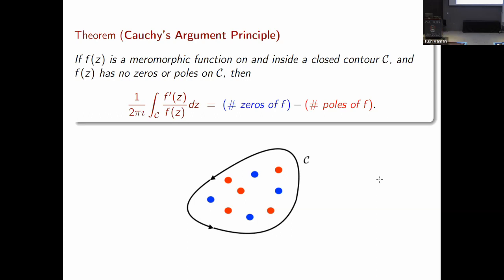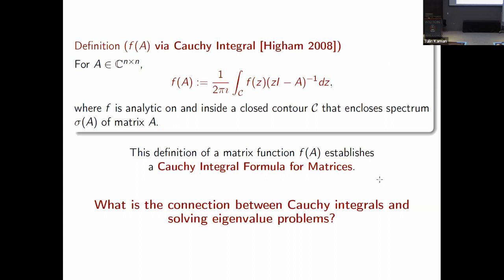So we can illustrate it. And it has been used in practice in a lot of applications before. And we'll see how we can use it to solve an eigenvalue problem.